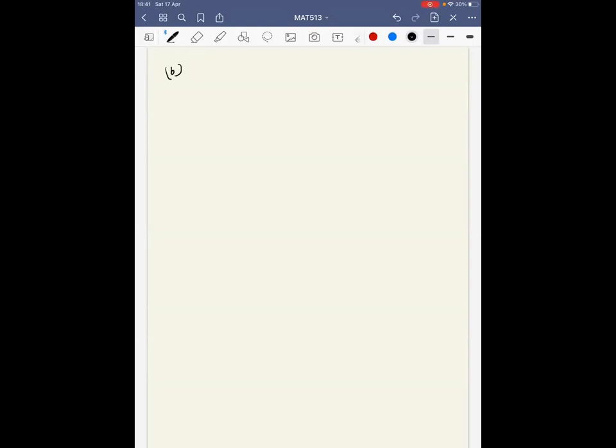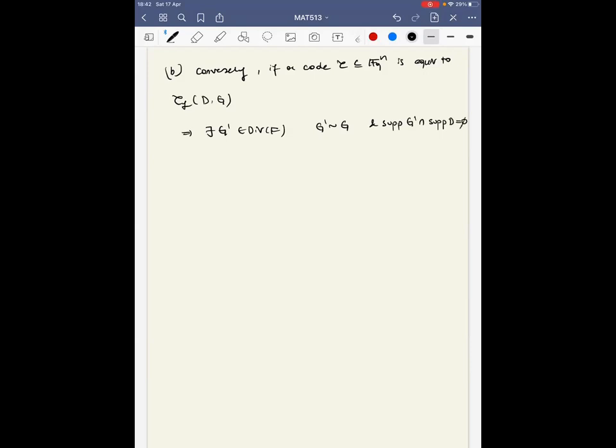And conversely, if a linear code C is equivalent to an algebraic geometric code, which is denoted by C_L(D, G) for given D and G, then we can see the existence of a divisor G prime, which is equivalent to G, has different support from the support of D, so that it has no zeros at given distinct rational places P_i.